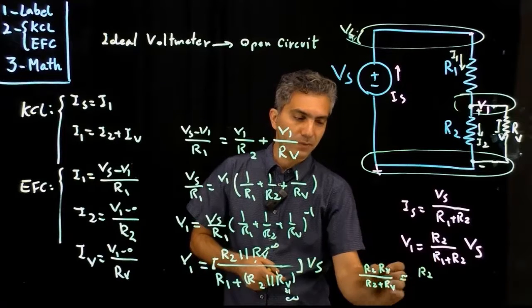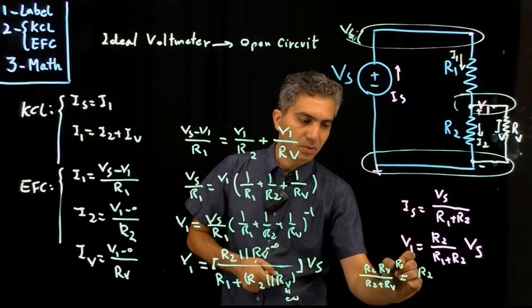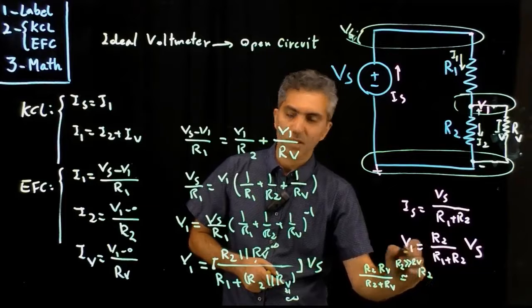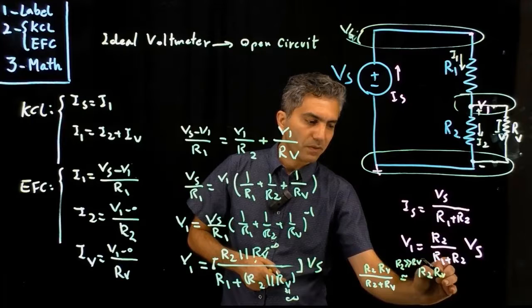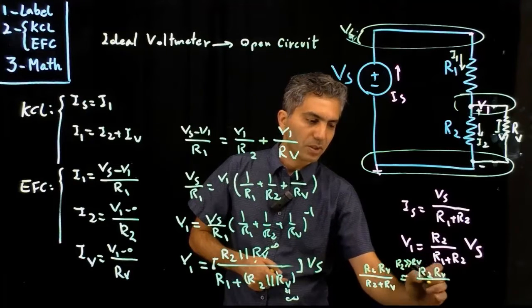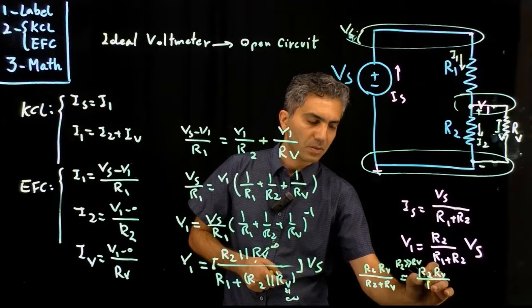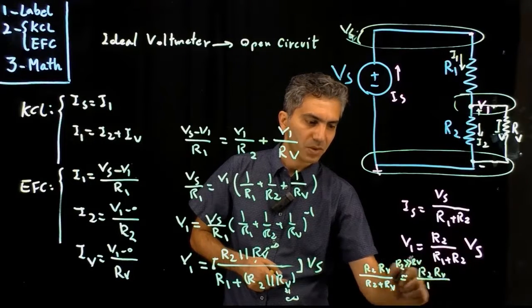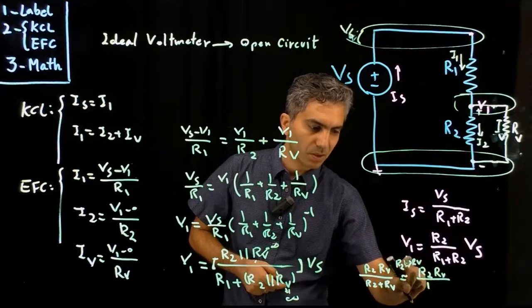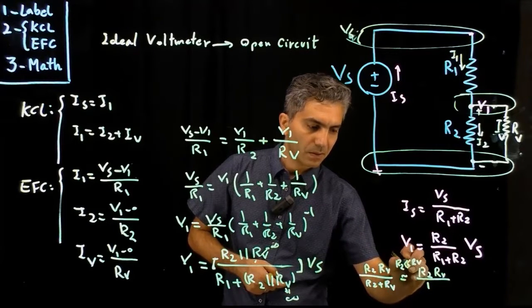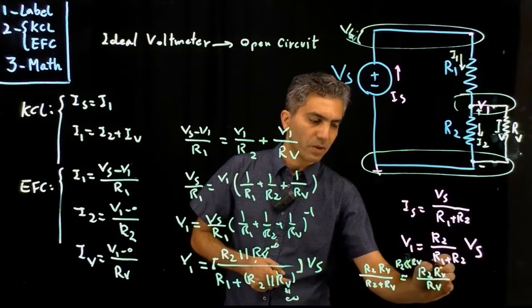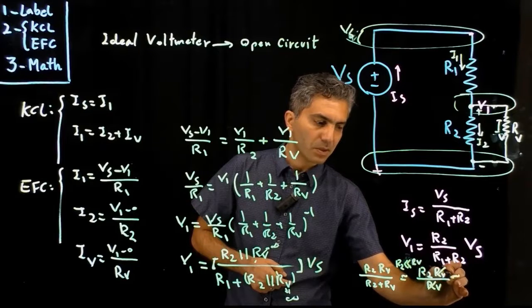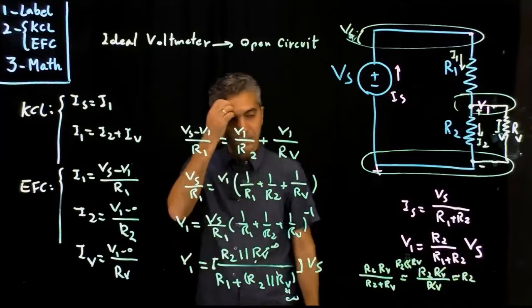Sorry, R2 much smaller than RV. So at this point, I can ignore R2 in the denominator and this becomes R2 RV over RV. The RVs go away, and that's approximately R2, right?